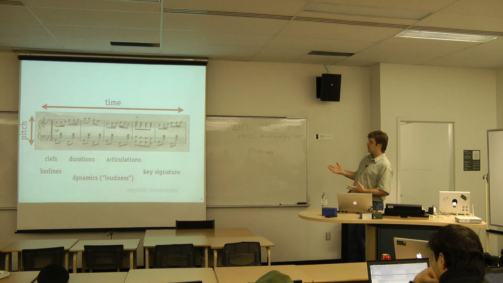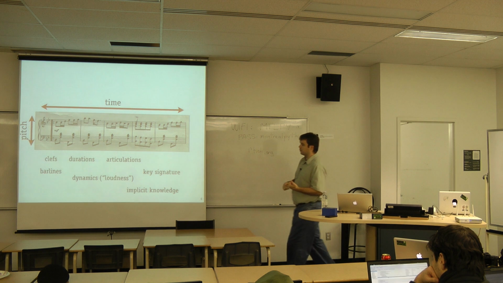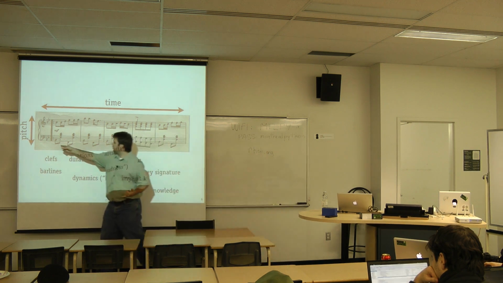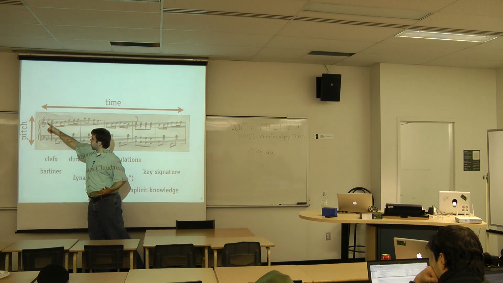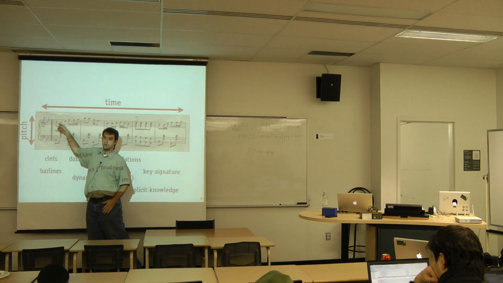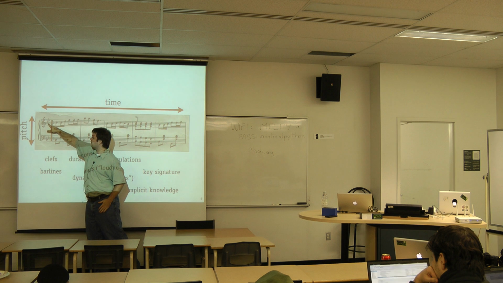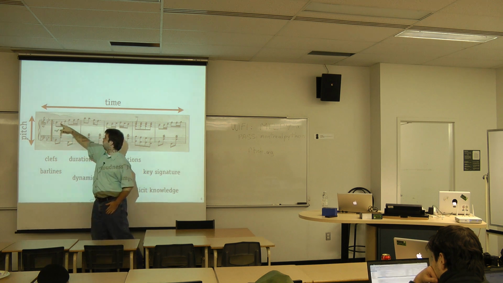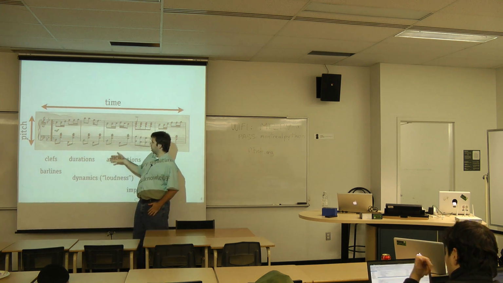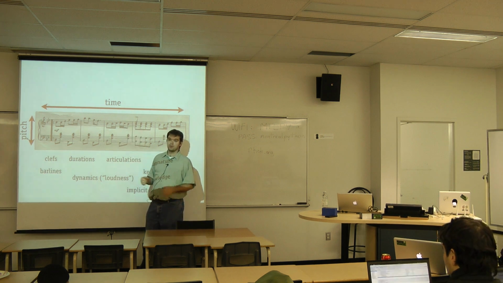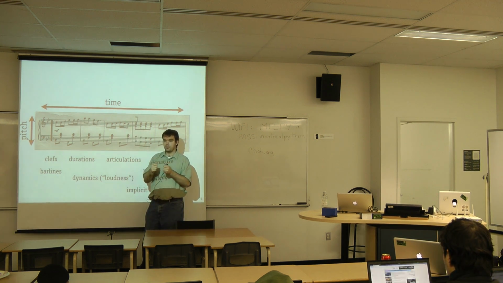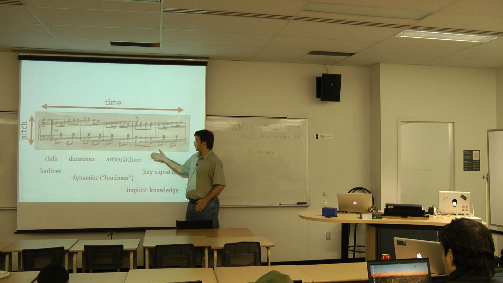So things like clefs. These are clefs, if you don't know. These tell you which line a certain note is. So this would be a B flat, because you have key signatures, and it just goes on from there. You have durations, so one note is longer or shorter than another.